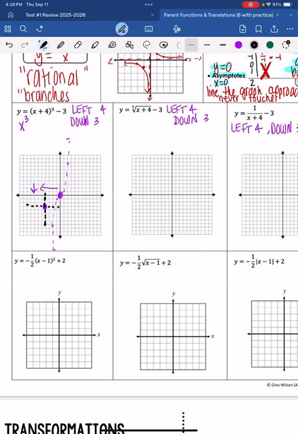If you think of that as your 0, 0, and from here you plot your parent points: (-2, -8), (-1, -1), (0, 0), (1, 1), (2, 8). Those are the parent points for x cubed.